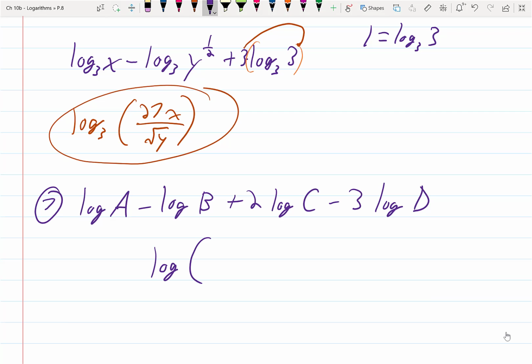What's being multiplied, what's being subtracted, or added and what's being subtracted? What's my numerator going to be? A and C squared. Over B and B cubed.